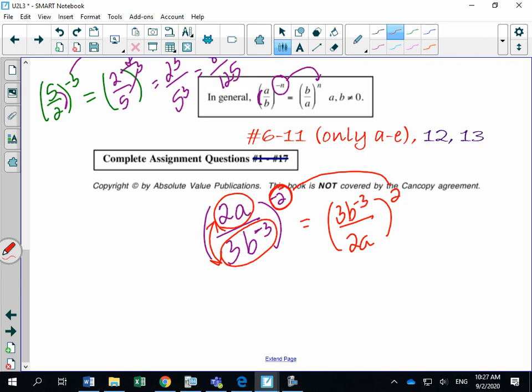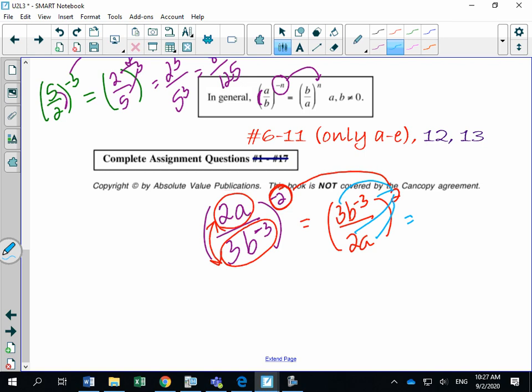Now, sometimes students will say, wait a second, why did you bring the b up and you didn't make it positive? I'm not dealing with that at this stage here. All I'm dealing with is this exponent here. And the rule is for this outer exponent, when you have a fraction, to go from a negative 2 to a positive 2, you simply switch this exactly as it's written. Then from here, I could say, okay, let's apply that to everywhere.